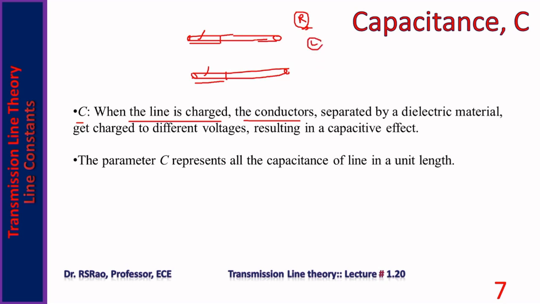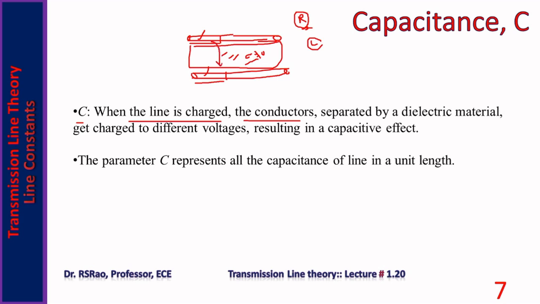These two conductors are separated by a dielectric material. Usually this dielectric is air. Sometimes it may be some other dielectric material too. Now, this dielectric is not perfect. A perfect dielectric is one for which sigma is 0. Sigma equal to 0 is not achievable in practice. So because of this non-zero conductivity of the dielectric, what happens?